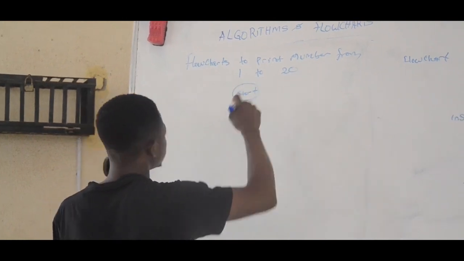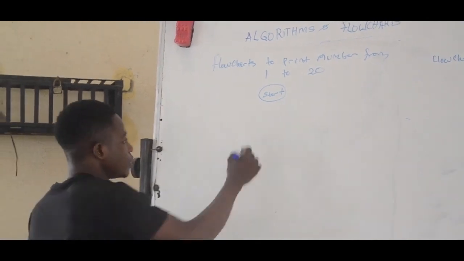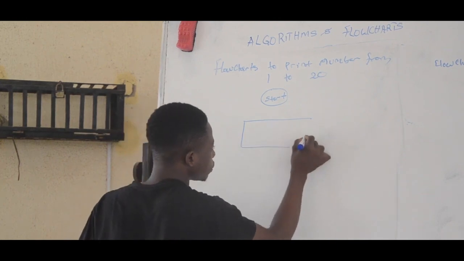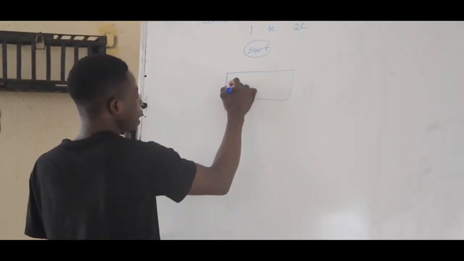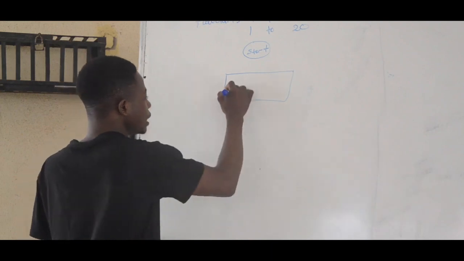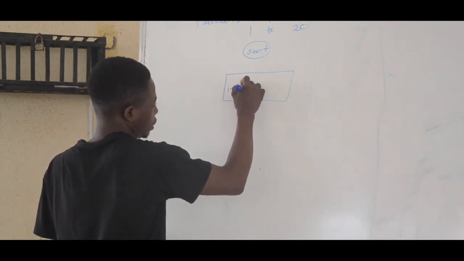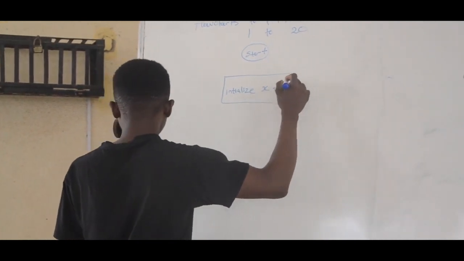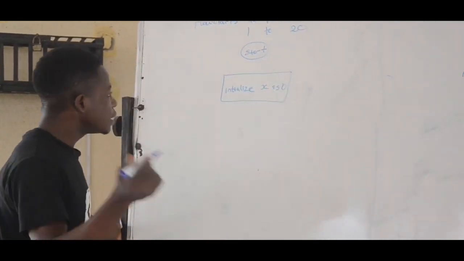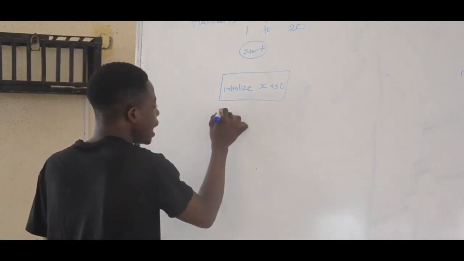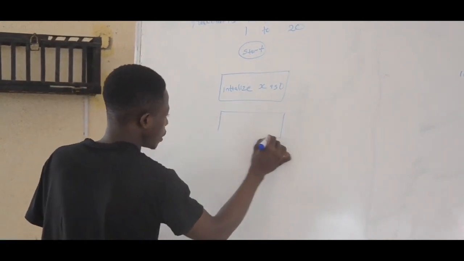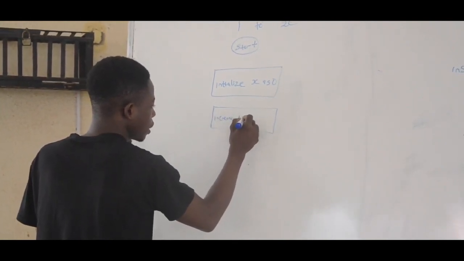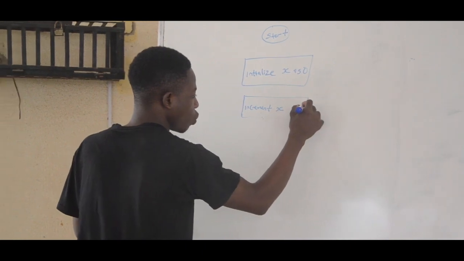The next thing is you have to process. When you want to process, I tell you, you use your rectangle. So you now say, initialize x as 0. Once you initialize your x as 0, the next thing is increment x by 1.